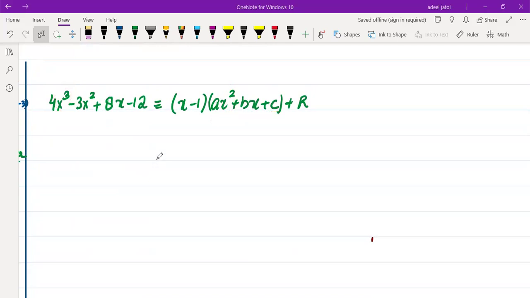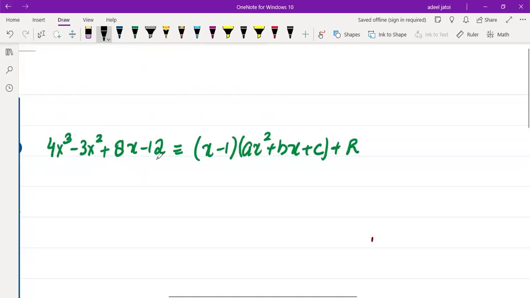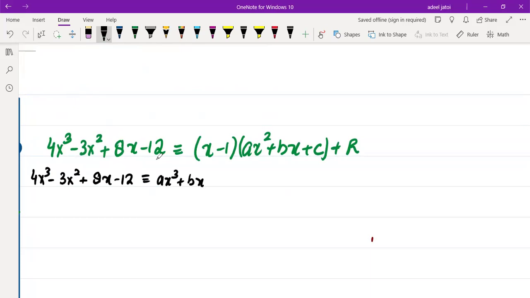Now, if you just open this up, 4x cube minus 3x squared plus 8x minus 12 can be written as ax cube plus bx squared plus cx minus ax squared minus bx minus c plus r, because obviously this is multiplied.